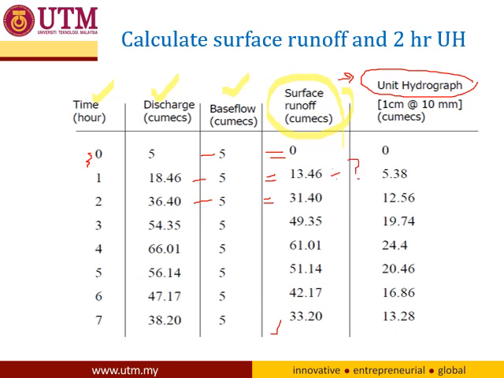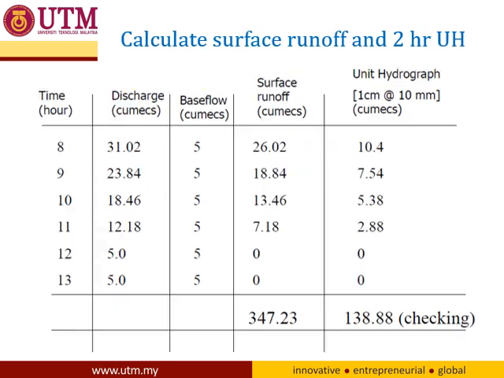So what is this value? You know how you get the surface runoff, and be aware this is in the unit cubic meter per second. If you want to develop the unit hydrograph, you need to divide it by the runoff.